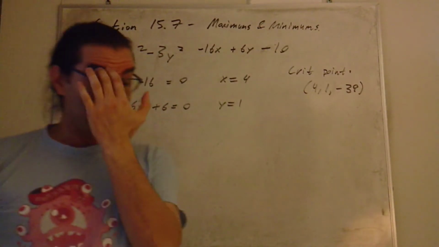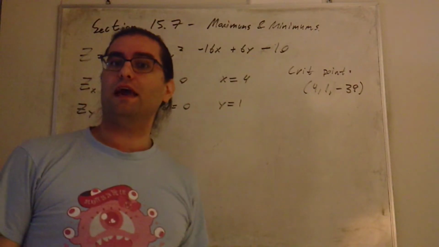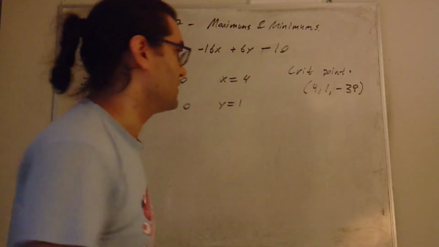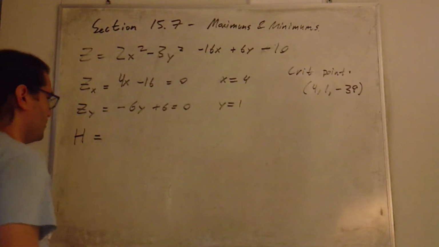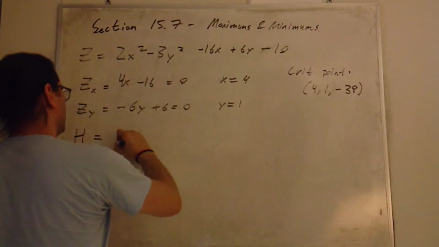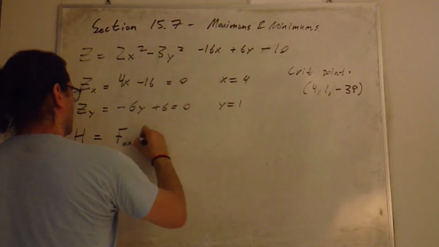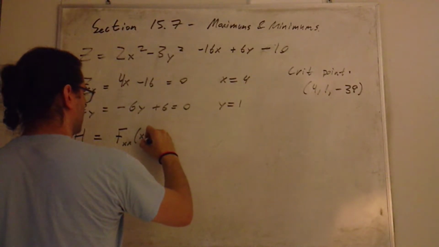So now we can determine whether this thing is a maximum or a minimum or something else. And the way we do that is with the discriminant, which I'm going to call H. The discriminant in general is the second derivative with respect to x evaluated at your point.